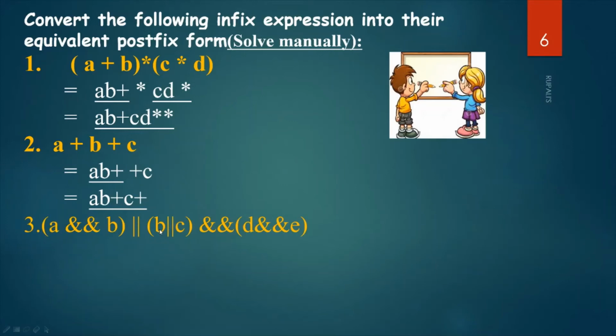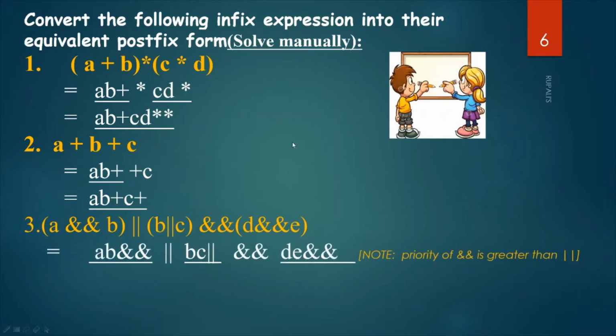And this one is logical operator. We already learned priority of AND is greater than OR. So first do the bracket operation. So AB AND, this one is BC OR and this one is DE AND. And see, imagine this one is one operand, this one is another operand, and this one is another operand. In between these operands there are two operators, one is OR, another is AND.